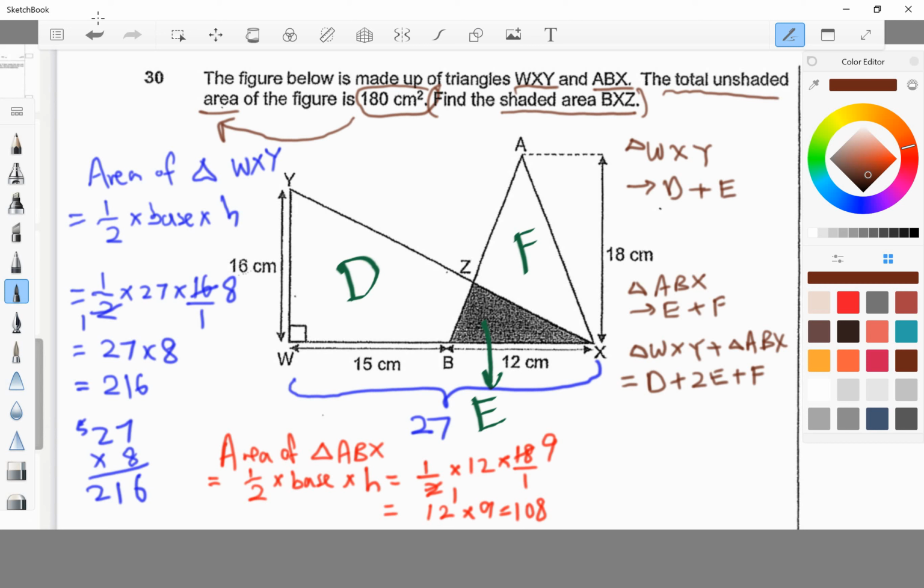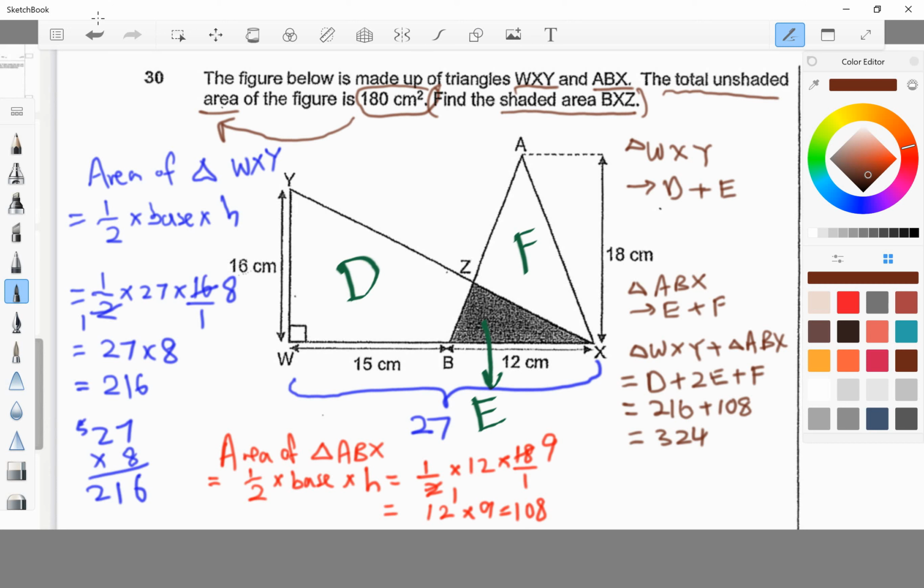And what is the value of that? It will be 216 plus 108, and this will lead us to 324. I can actually do mental sum, no problem. So what is the portion that is unshaded? Isn't it 180 cm square?